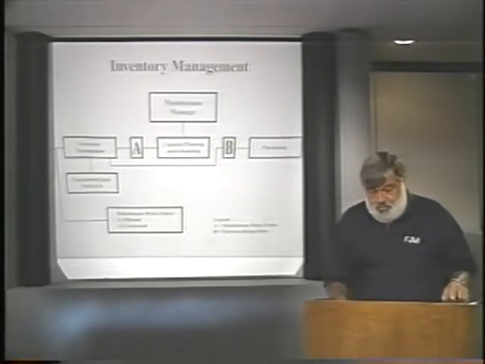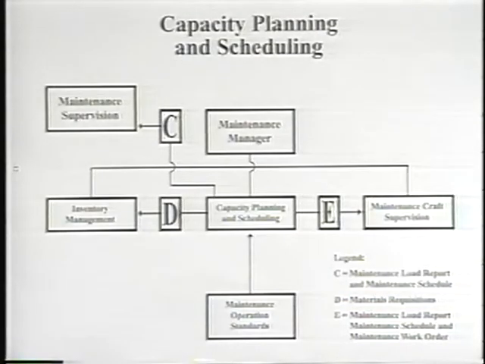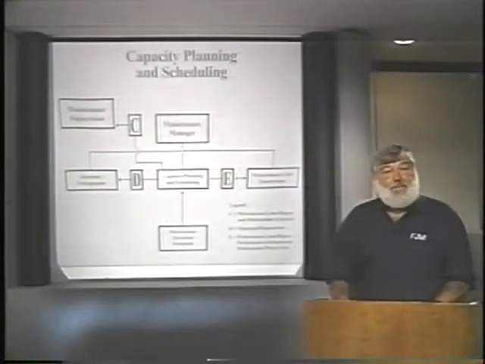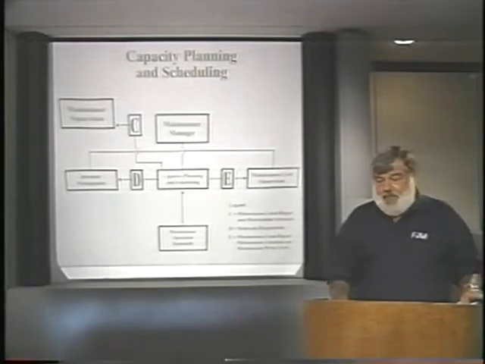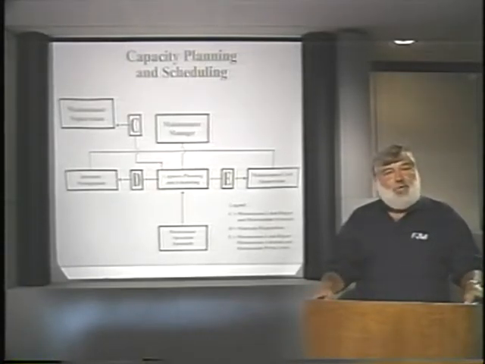Now, moving forward to page 12, we're talking about capacity planning. And one of the key data elements that are required is that box in the lower center of this exhibit. We talk about maintenance operation standards. This is not an industrial engineered document or record.